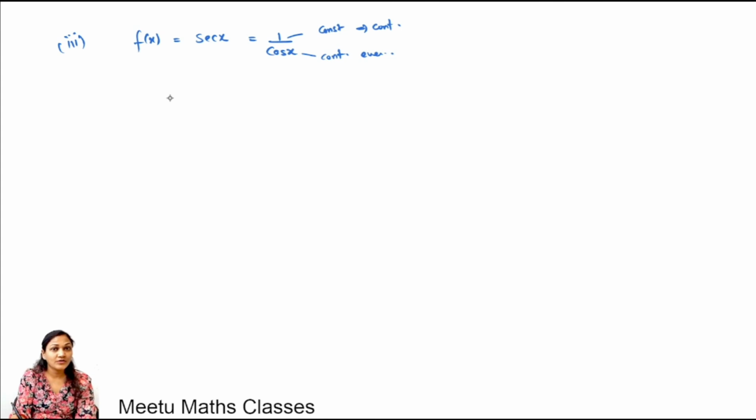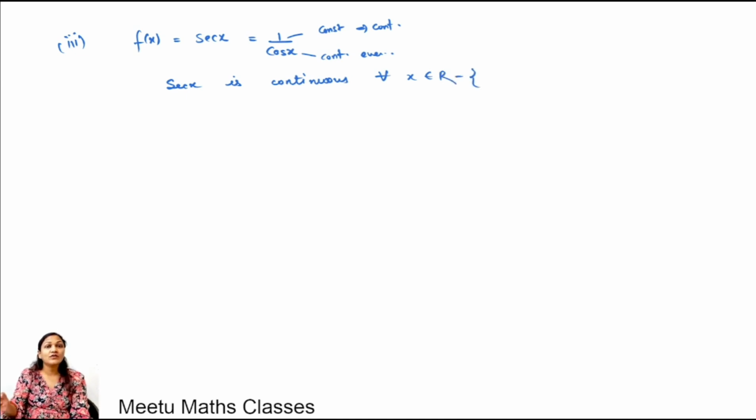But 1 upon cos x is continuous for all x belongs to R except those points where cos x becomes 0, and they are odd multiples of pi by 2. At all odd multiples of pi by 2, your cos x function becomes 0. And your rational function is continuous for all x except these points.